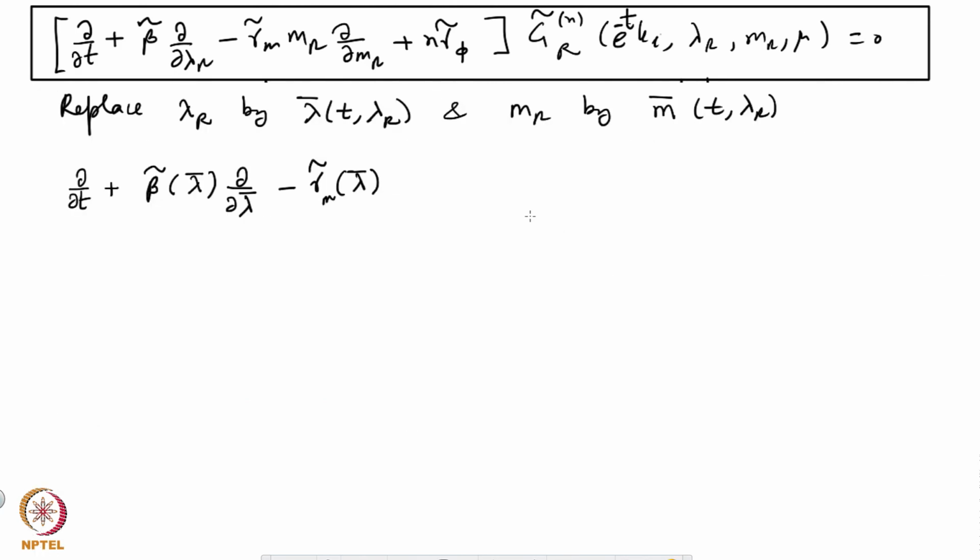So here this gamma tilde m will be a function of lambda, so that lambda I am replacing by lambda bar, and this mr I should replace by m bar. Then del over del mr will get replaced by del over del m bar.